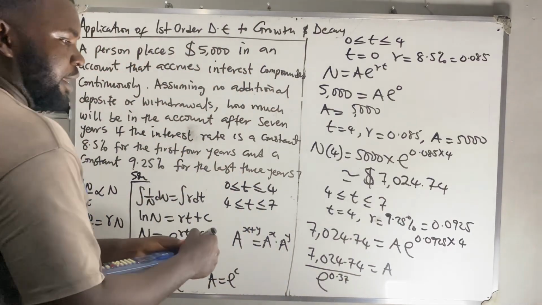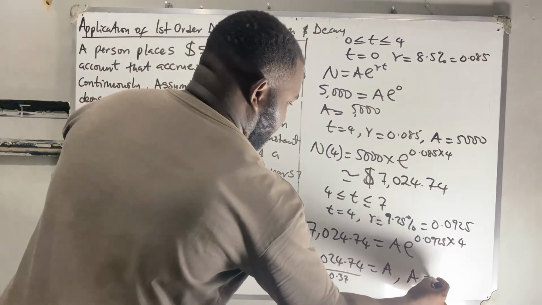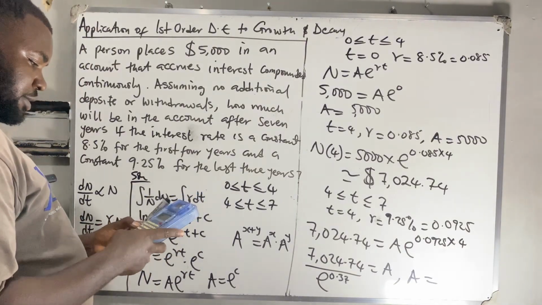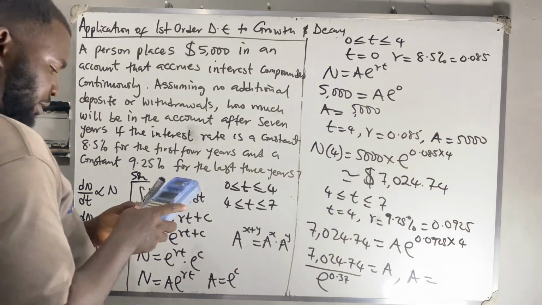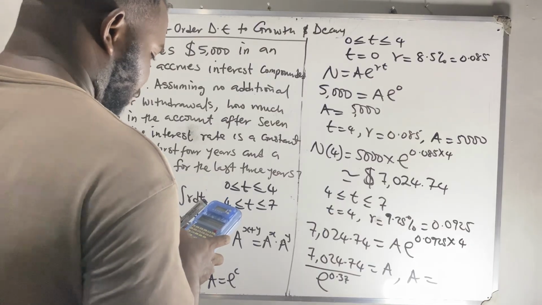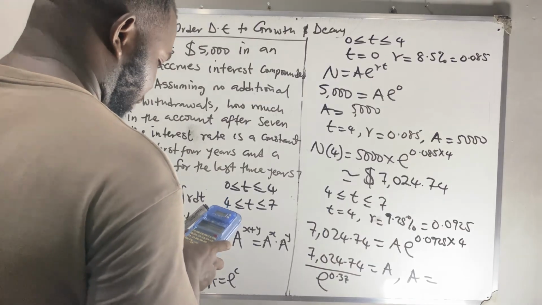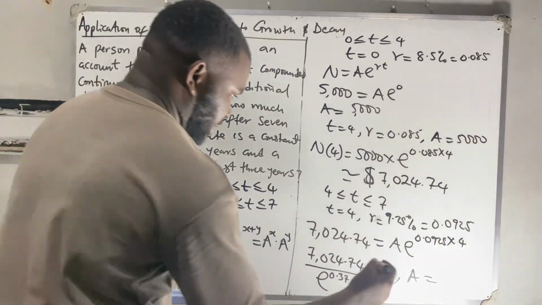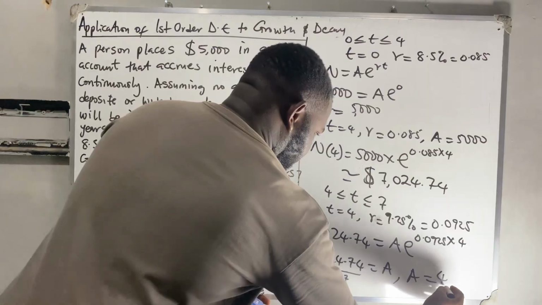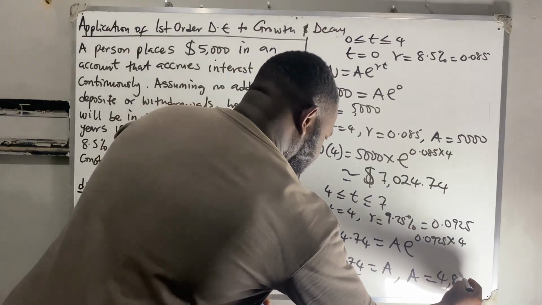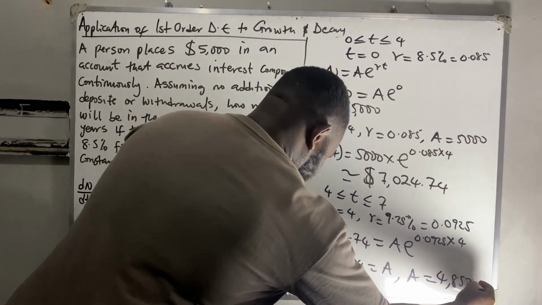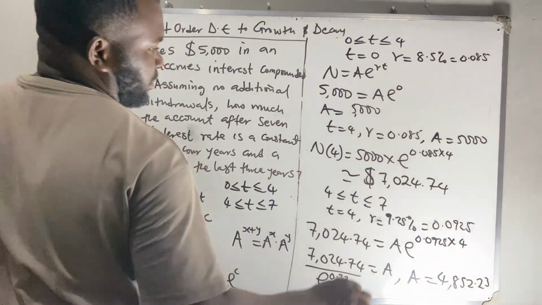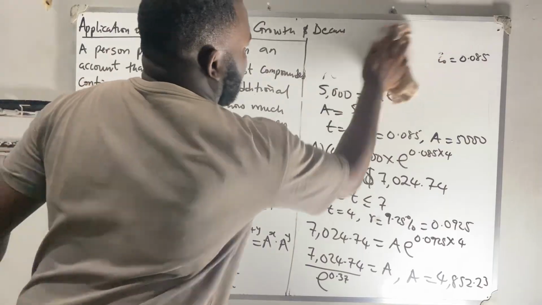So A will be equal to 7,024.74 divided by e^0.37. Dividing, I have that my A here is 4,852.23.